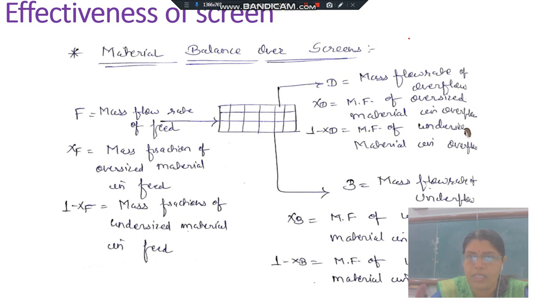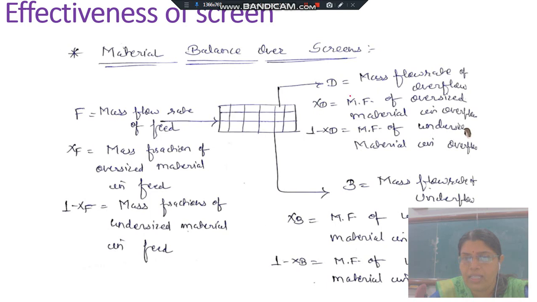I want the A material in the overflow and the B in the underflow. F is the mass flow rate of the feed. XF is the mass fraction of the oversized material in the feed, so 1 minus XF is the mass fraction of the undersized material. Capital D is the mass flow rate of the overflow, and capital B is the mass flow rate of the underflow.